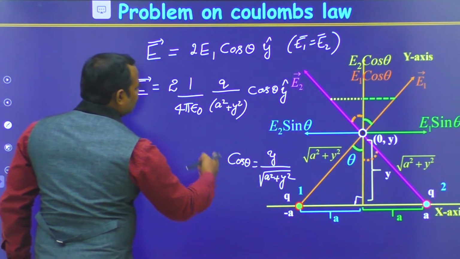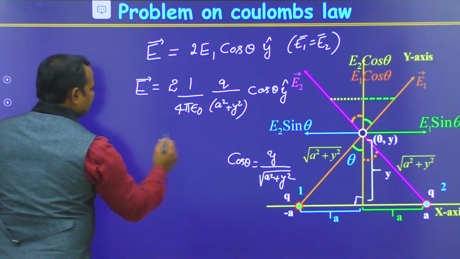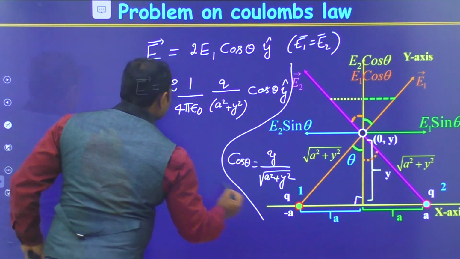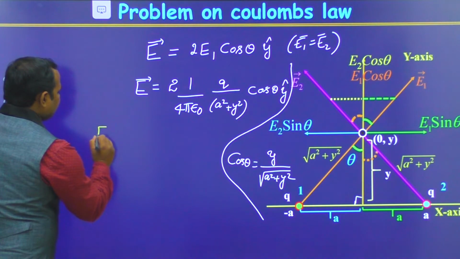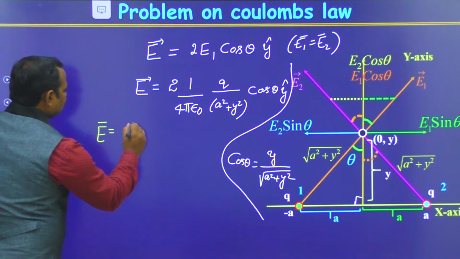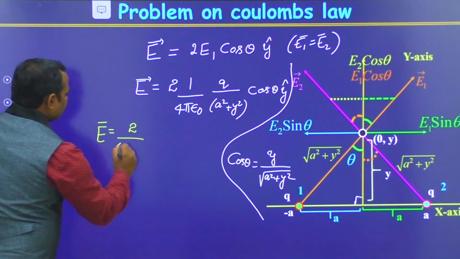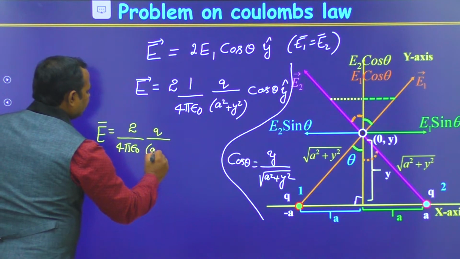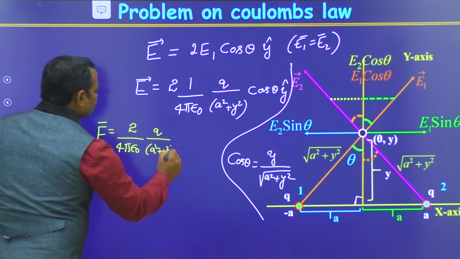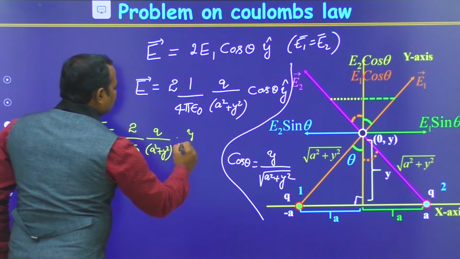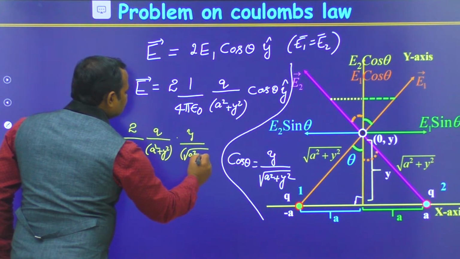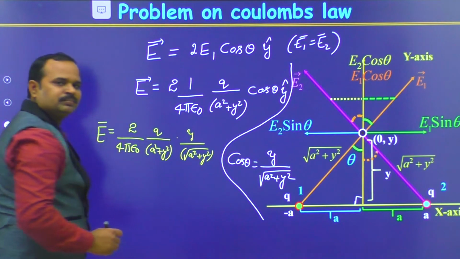So let us substitute cos theta value in this equation. So E bar is equal to 2 by 4 pi epsilon naught into Q by A square plus Y square into cos theta value Y by square root of A square plus Y square.